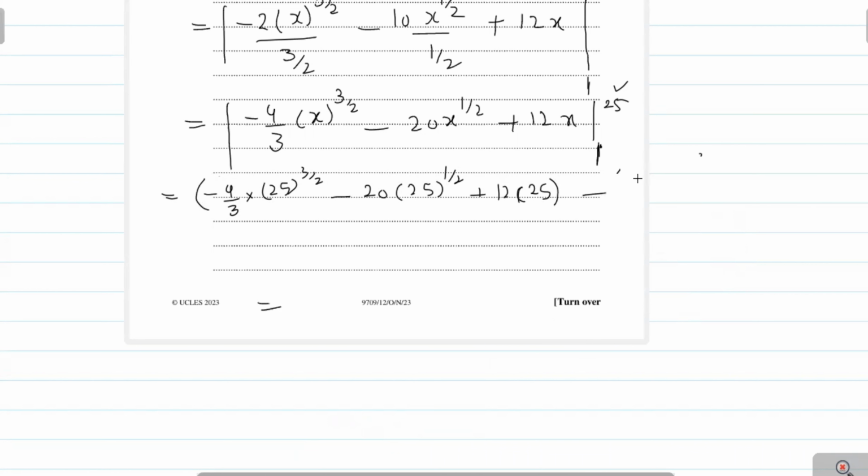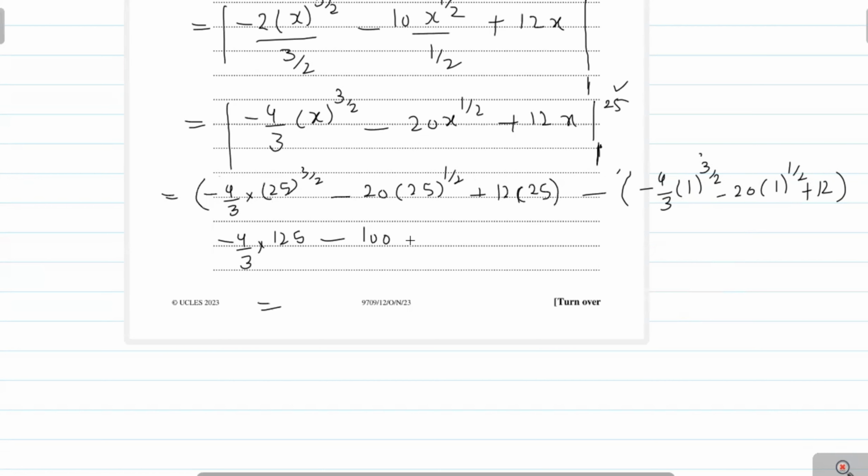Now, negative sign here, and we substitute the lower limit value in this expression. Therefore, it becomes 4 over 3 into 1 power 3 over 2 minus 20 into 1 power 1 over 2 plus 12.